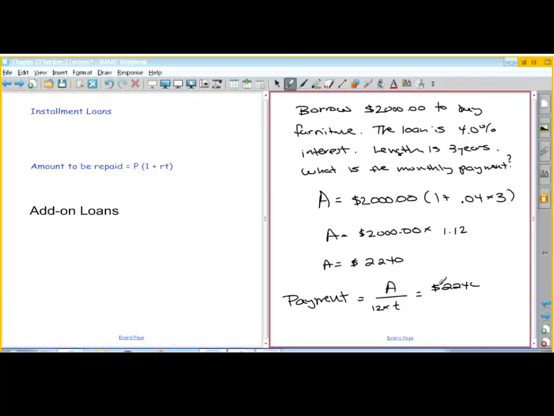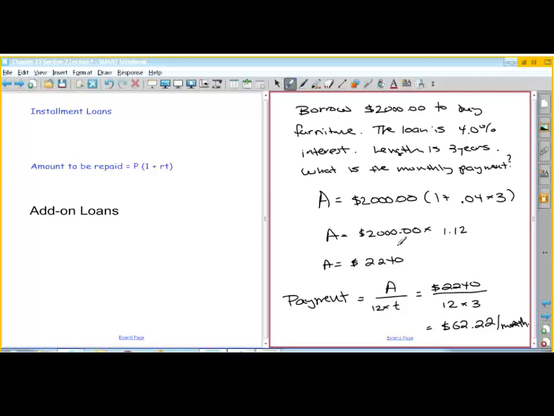So for our case, we owe $2,240 and we have 36 months because it's a three-year loan. And so we take $2,240 divided by 36, and our payment would be $62.22 per month. So if you multiply that by 36, you pay the total amount.